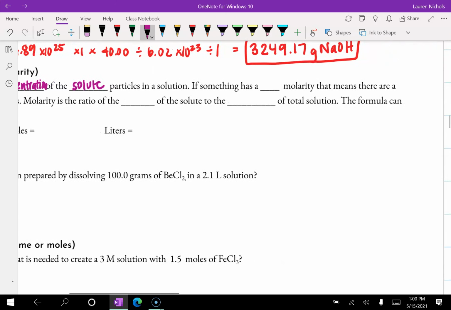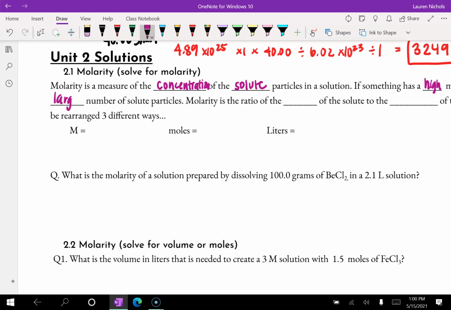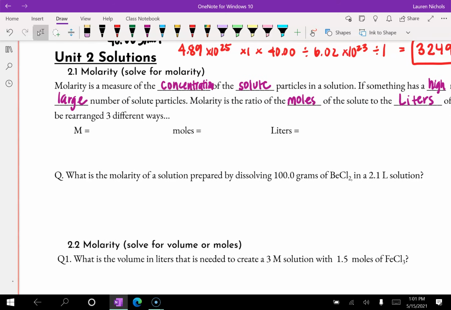If something has a high molarity, like a large number, that means that there are a large number of solute particles dissolved, and it's the ratio of the moles of the solute to the liters of the total solution. So basically a ratio of amount to volume or space. So if you have a high molarity, that means it's really dense. There's a lot of molecules in there. It's kind of crowded is a way to think about it.